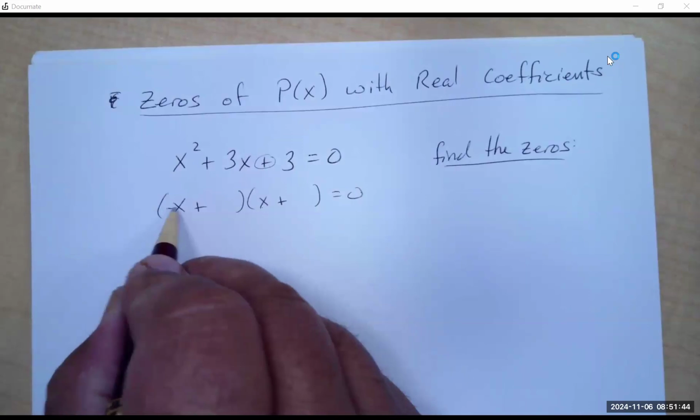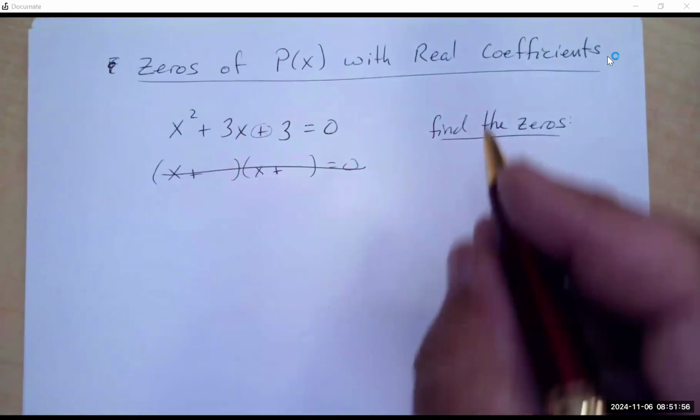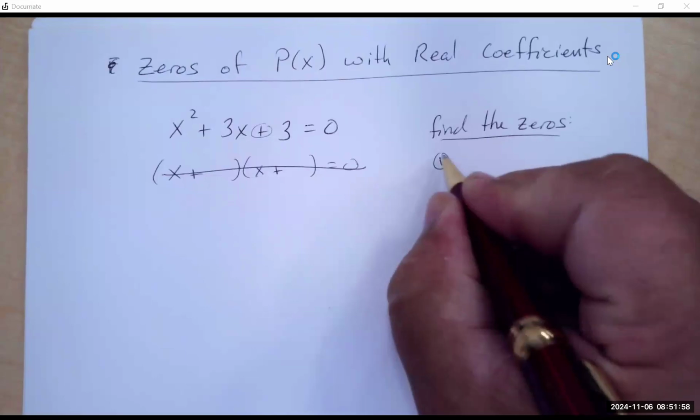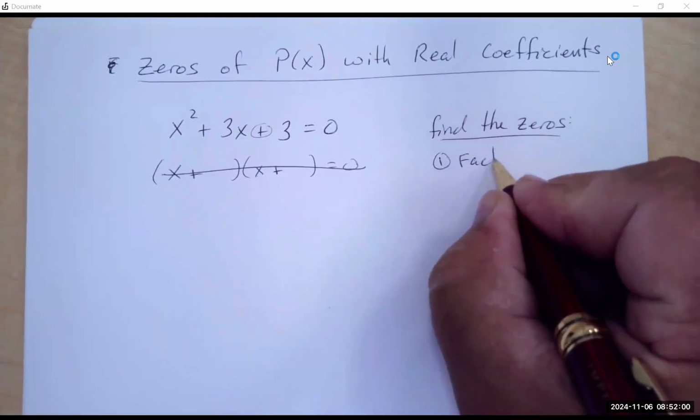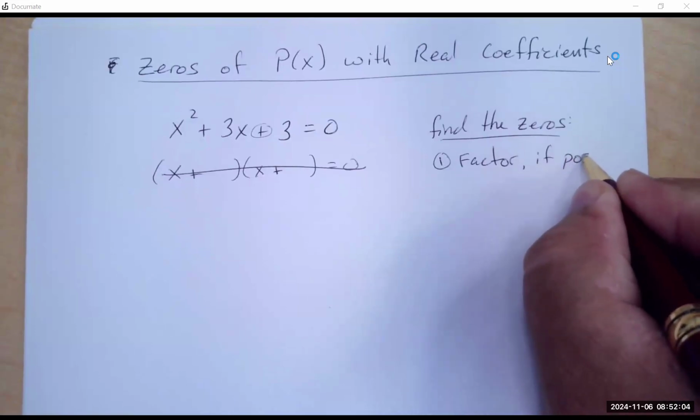Okay. So there goes the factoring. We can't factor it. So do we know any other method to solve this? Factor if possible.